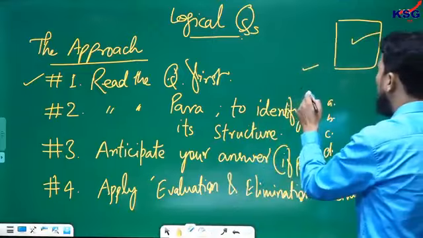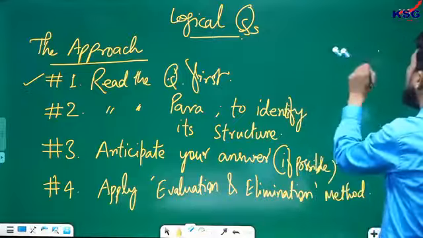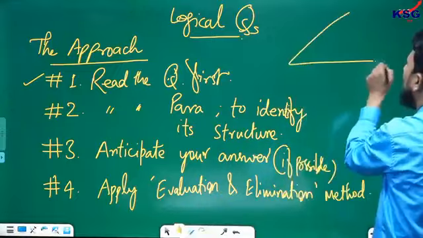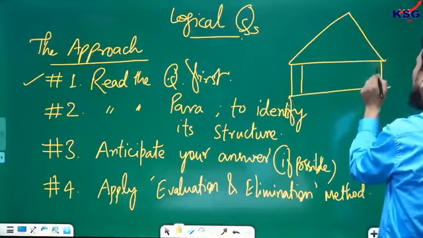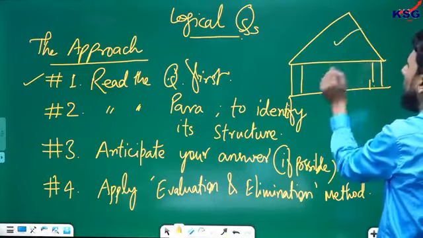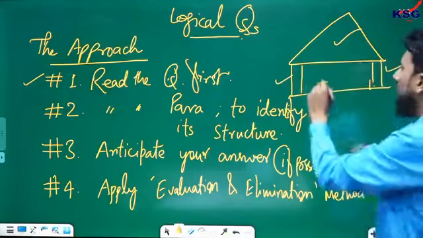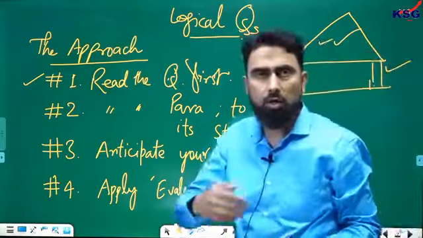For example, mostly in the logical paragraphs, you will come across that the para will have this kind of structure. Just like a building, the head of the building and then the pillars that carry the load of the building. So similarly, there will be the main point of the author, and this main point will be proven on the basis of the given data and premises.